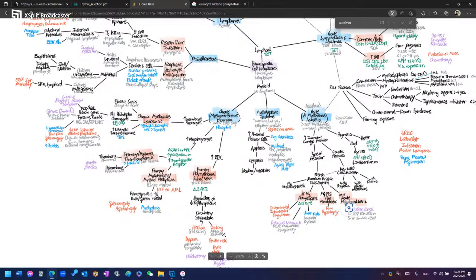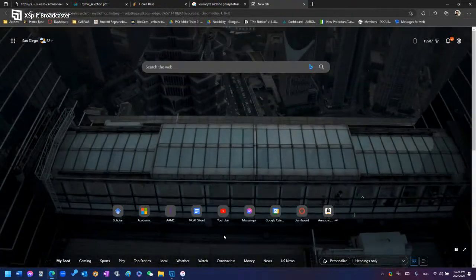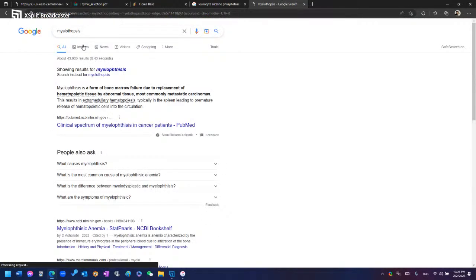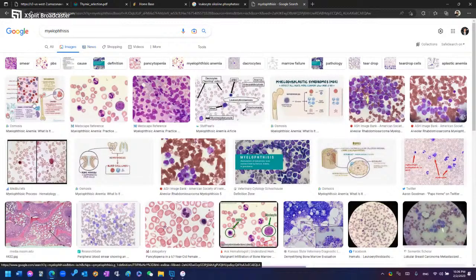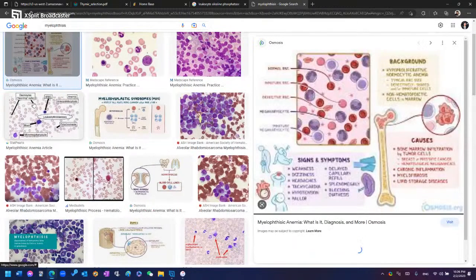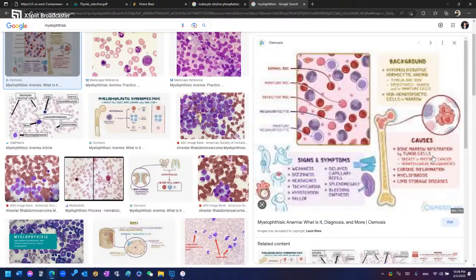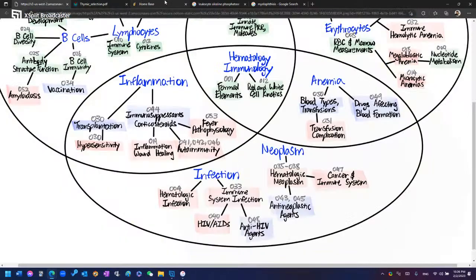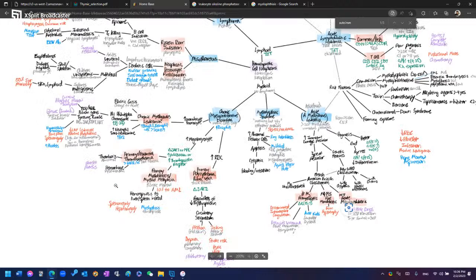You have myelophthisis. These sort of weird looking blood cells, and I think the reason is I think it just squeezes your cells in the wrong way, and they just end up messed up. So those are the two flavors of high megakaryocyte.